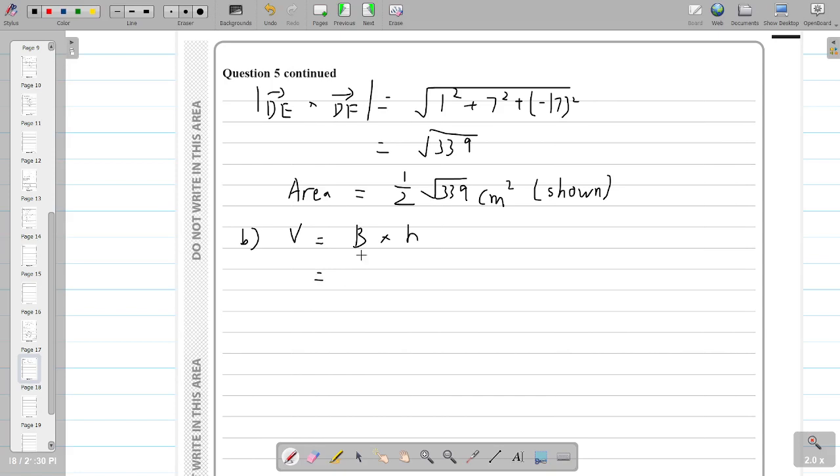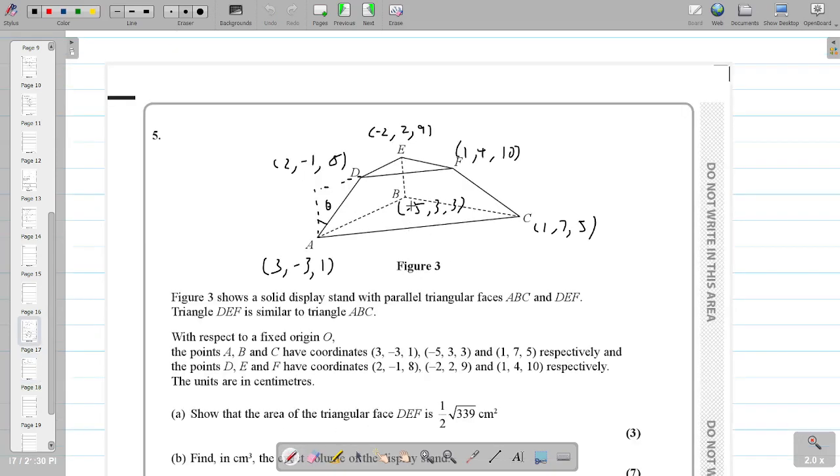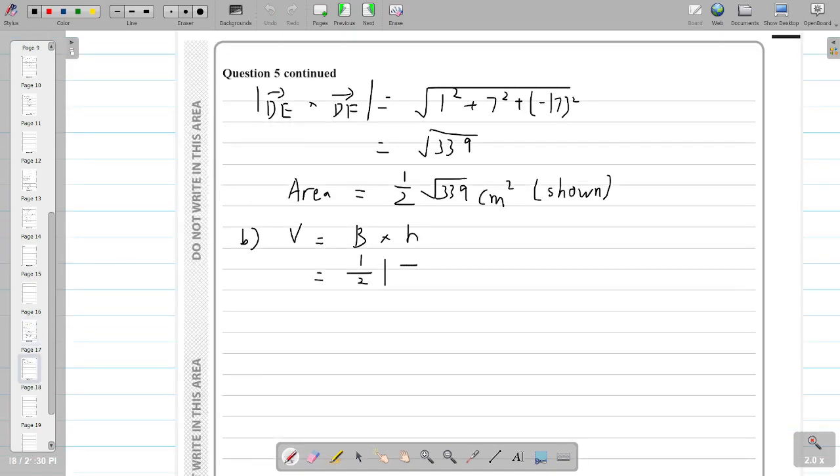So this is equal to half of the cross product of, no, not DE, cross product of the base area, which is AB cross AC, and then the height is going to be dotted with AD, times the height.